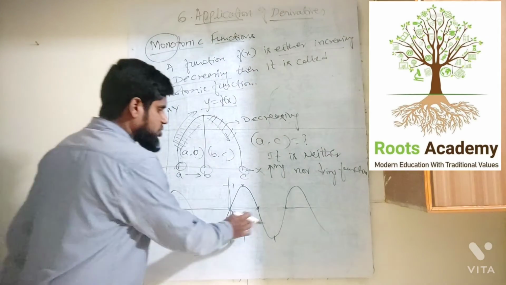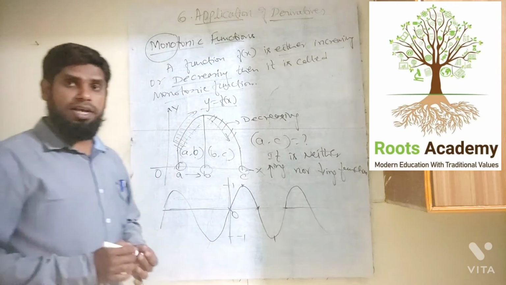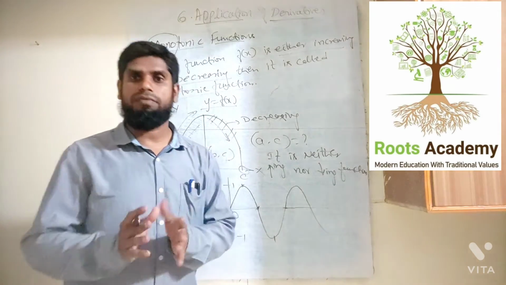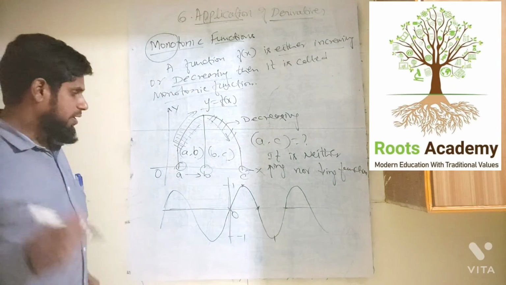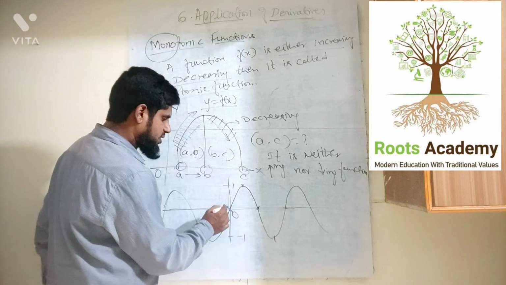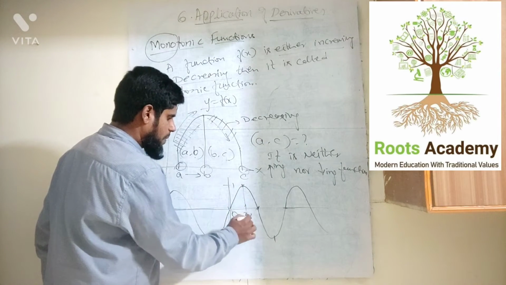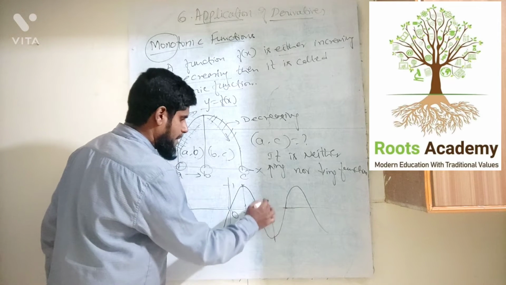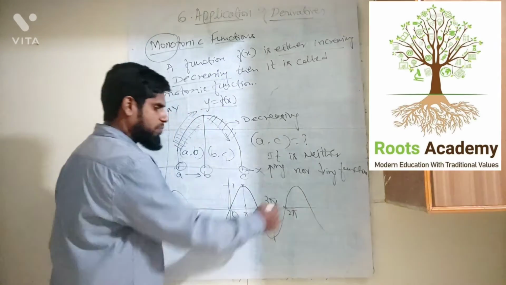Now, if this kind of situation comes, what exactly should we do? Student, in that case, we should find the intervals. We should divide the intervals. For example, 0 to pi by 2, pi, 3 pi by 2, 2 pi and it goes on.